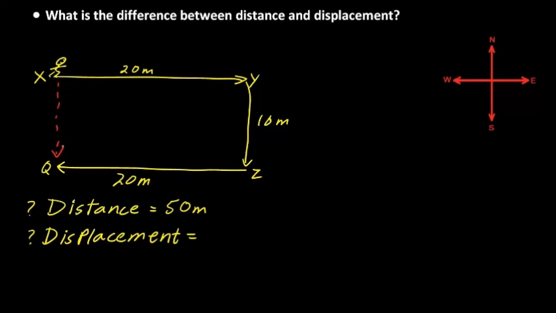And your displacement in this situation looks to be just about 10 meters south. In other words, you are displaced 10 meters south of your starting point, of your origin. And so, there are the two answers: distance 50 meters and displacement 10 meters south.